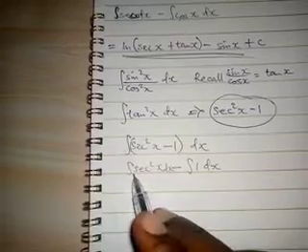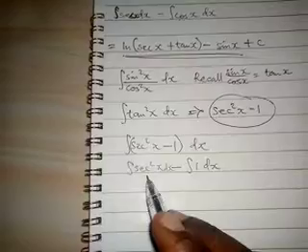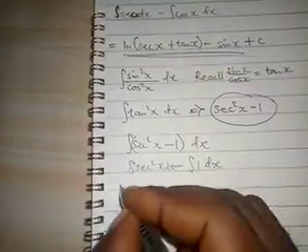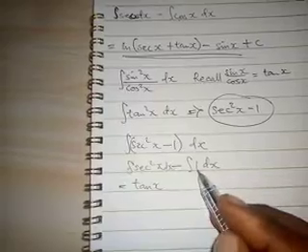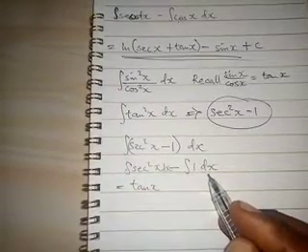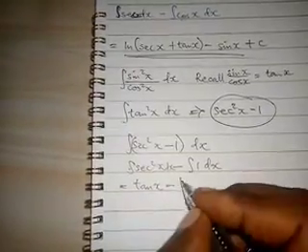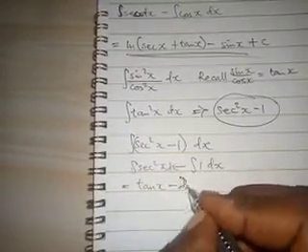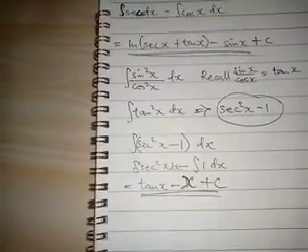Whenever I integrate sec squared x, I will get tan x. If I integrate 1 with respect to x, I will get x, so minus x plus c. So this becomes the answer.